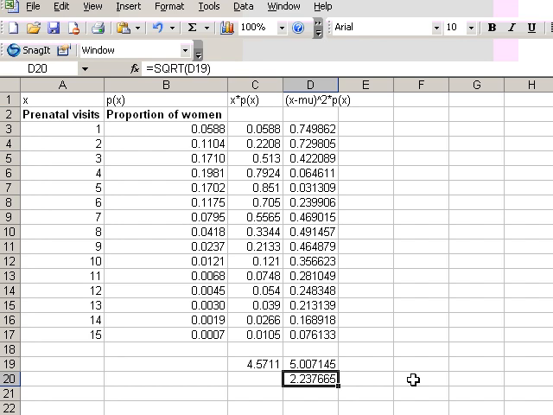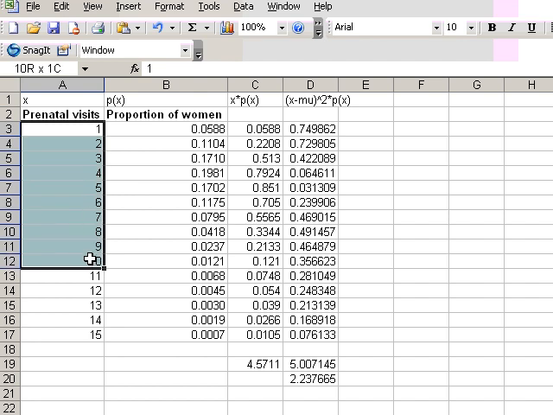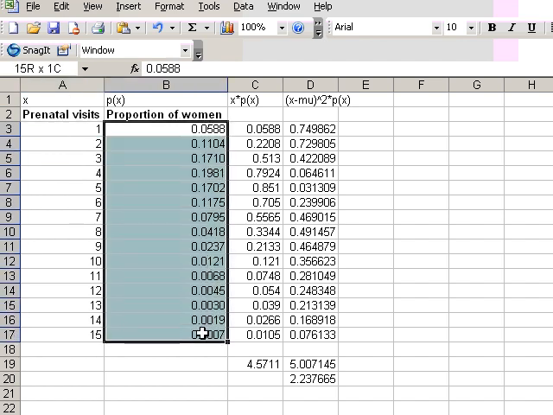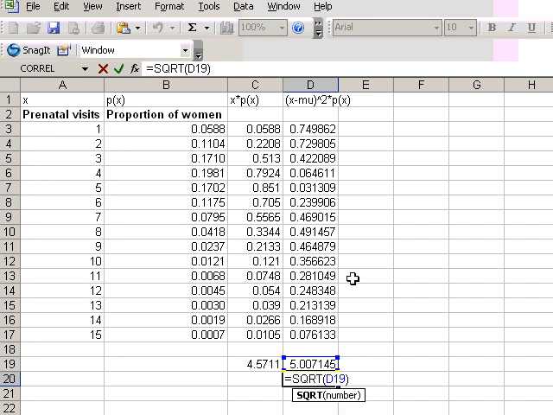So we now have the mean and the standard deviation of a discrete numerical variable given only the proportions at which those values of the variable appear. Just incidentally, I used SQRT to get the square root of the variance.